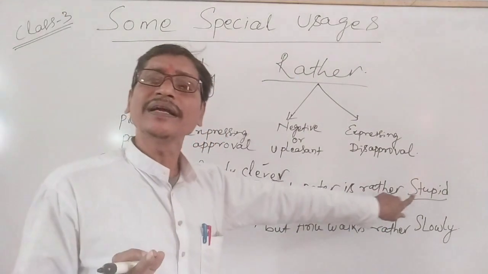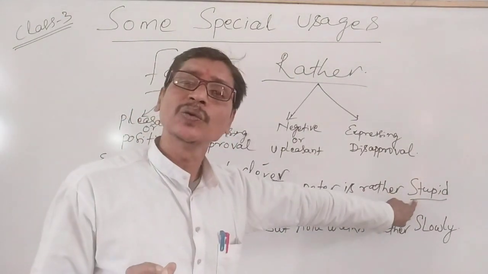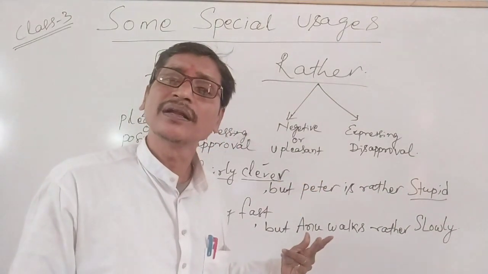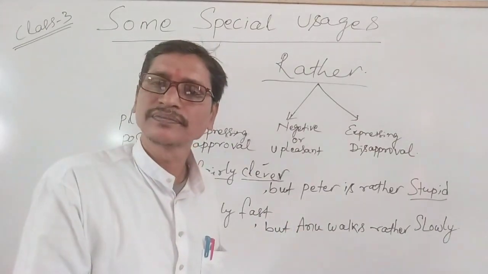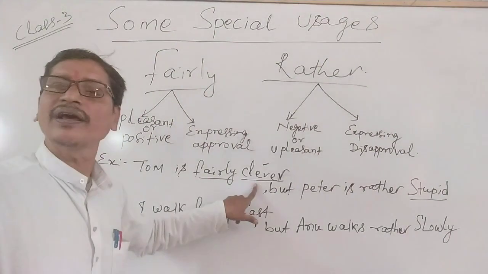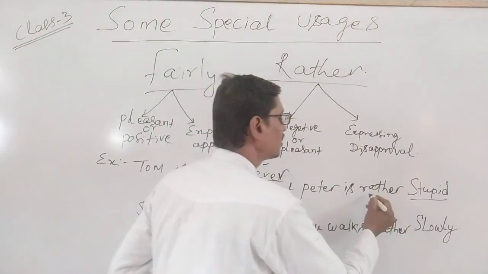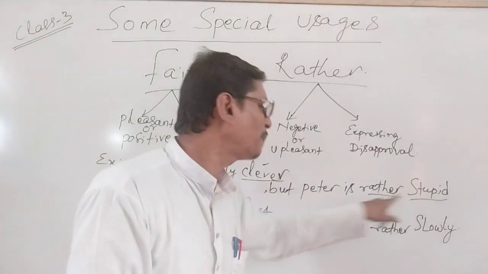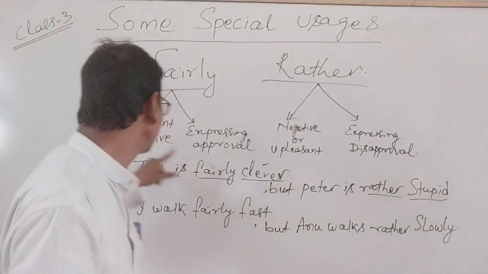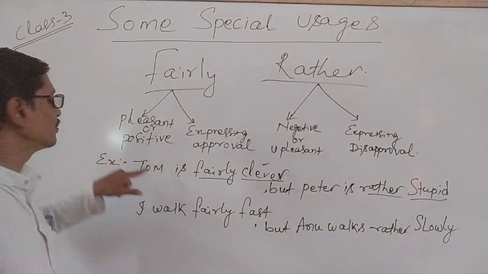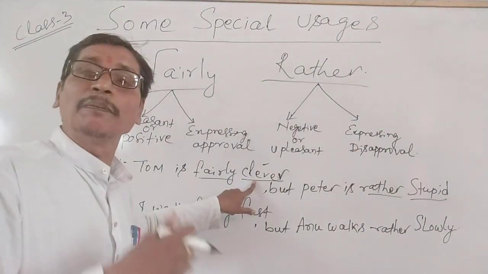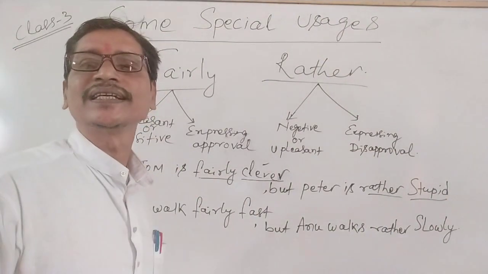We used rather because we have used the word stupid, which is negative, an unpleasant word. So, Tom is fairly clever, but Peter is rather stupid. For stupid, we use rather because it is negative and unpleasant. Here we used fairly because clever is a positive and pleasant thing.